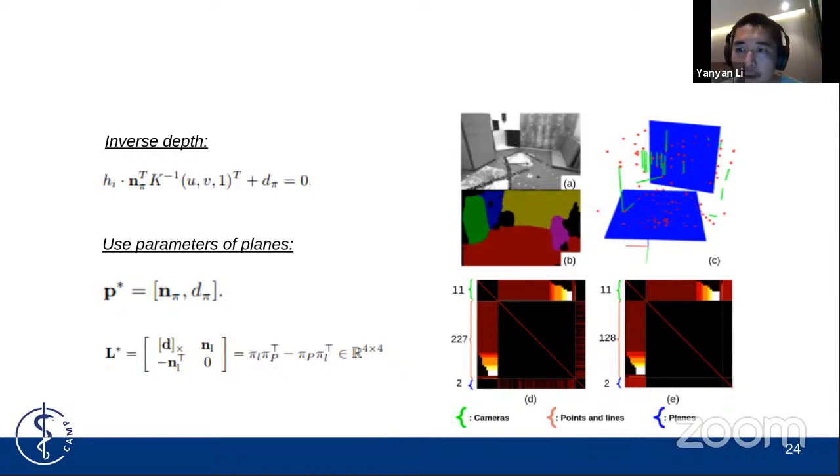What's the advantage of this idea? For the traditional method, this is the Hessian matrix that we use when we do nonlinear least squares optimization. For the traditional method, this is the number of cameras, maybe 11 cameras in this stage, and maybe 227 points and lines, and 2 planes in this traditional optimization model.